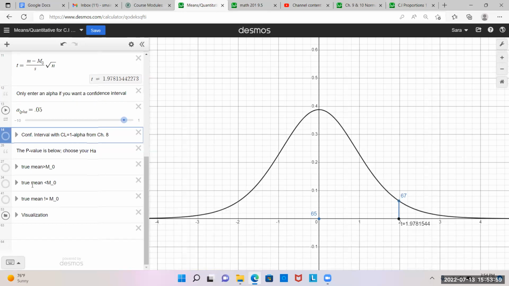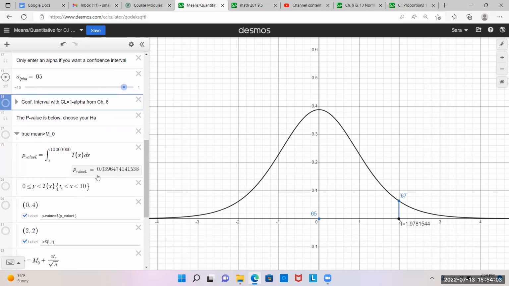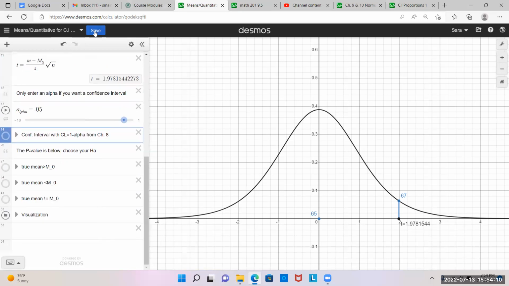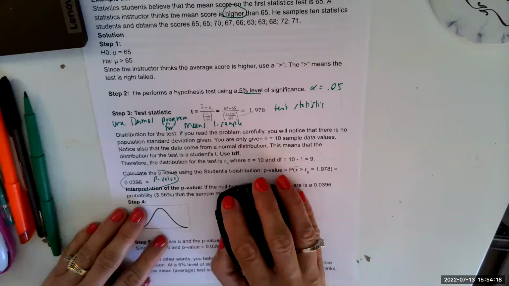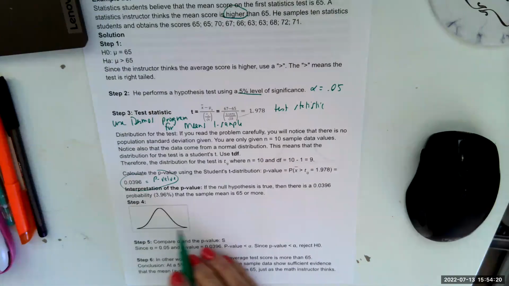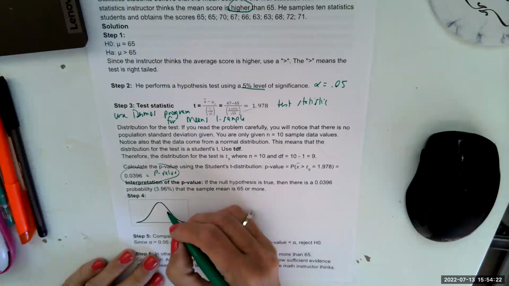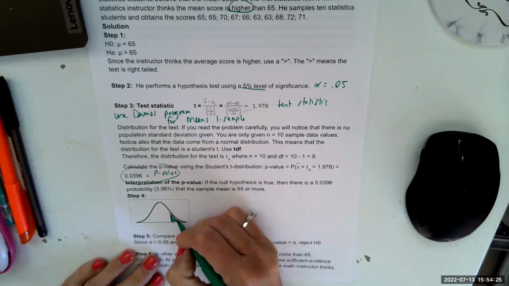We are doing a greater than, so we're choosing this one right here. And then the p-value is 0.0396, just like we saw on our paper. So we're going to draw that on the graph. It's a greater than, so it's a right-tailed test.